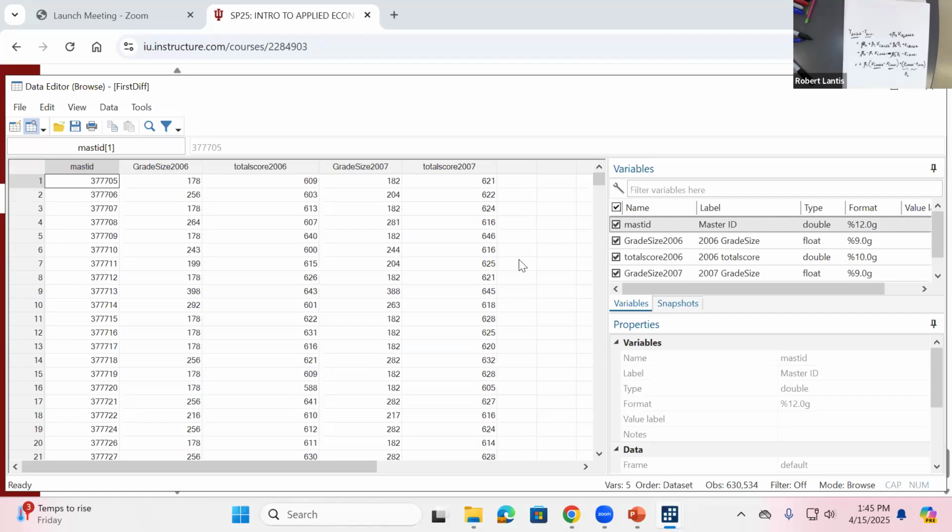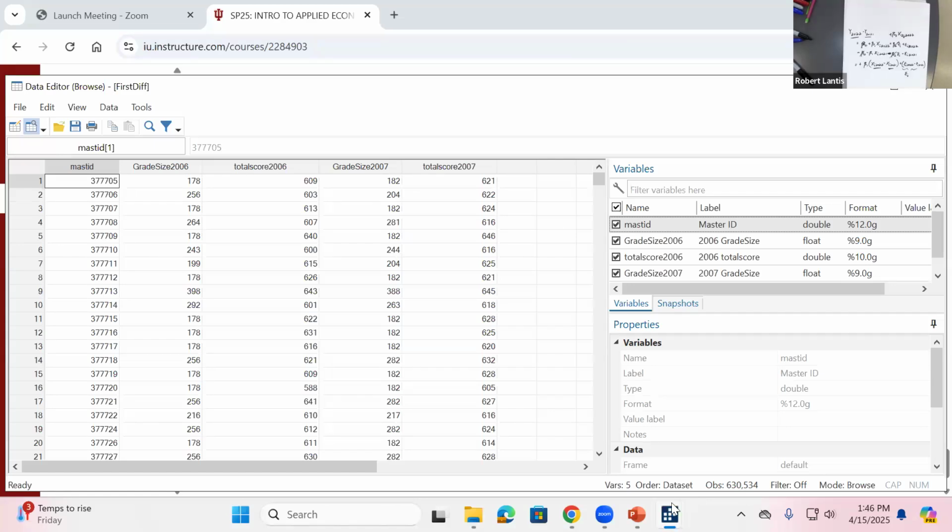But just for the sake of introducing it today, let's say I've got student, so master ID is just some student ID the state gave the student. So I've got their grade size. This was the size of the class they were in for their current grade, like all the third graders, all the second graders at their school. So that's going to vary with students. I've got their score in 2006, and then I had what their grade size was in 2007 and their score in 2007.